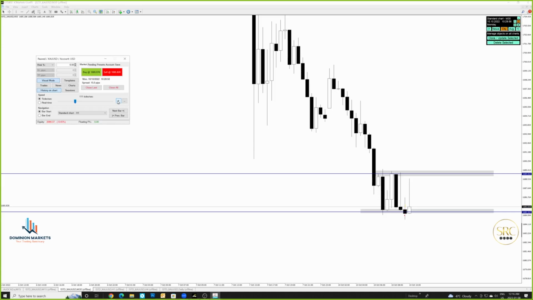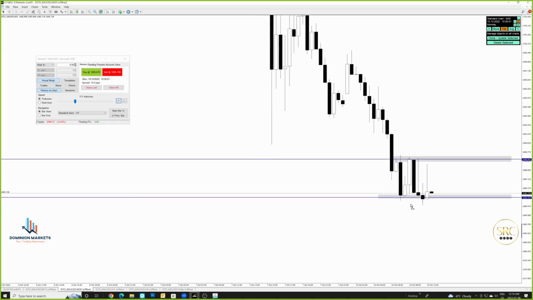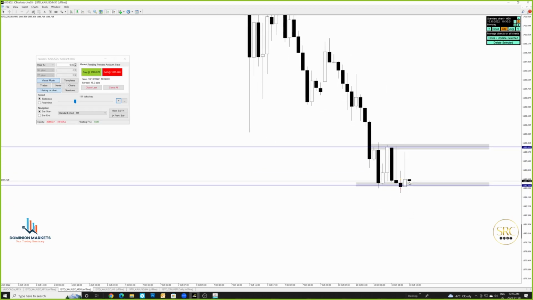The candle's about to close, and the candle has closed. Wow, look at this. Now, if this candle breaks below the low, I think we can give our trade a second chance. Oh, there we go. We are breaking the low in the first few seconds.